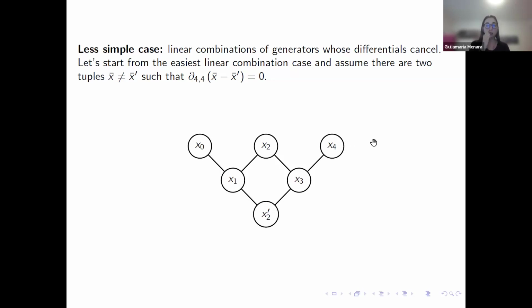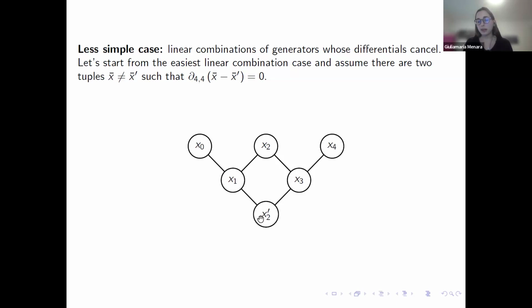Why is that? Because we want the two differentials to cancel in a non-trivial way. And so what's happening here? Assuming the edge x1, x3 is not here, then when we remove vertex x2 from the first tuple, we're left with x0, x1, x3, x4.